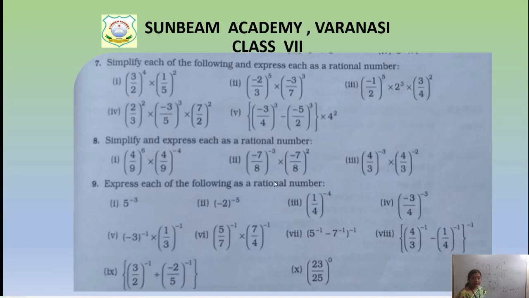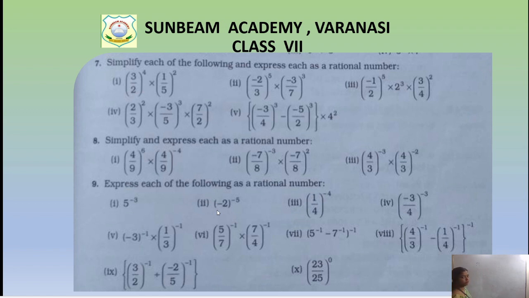Next is the 7th. After the 7th, this is the 9th. In the 9th part, you have to divide. We will solve the innermost bracket. First, let me erase my board, children.